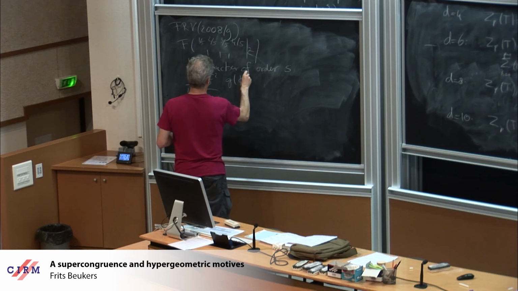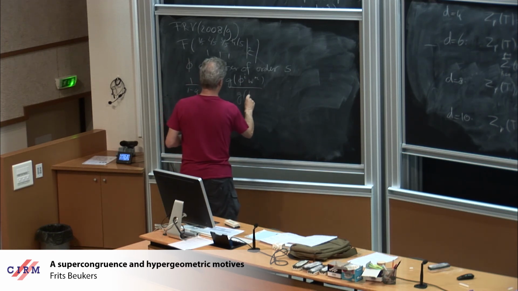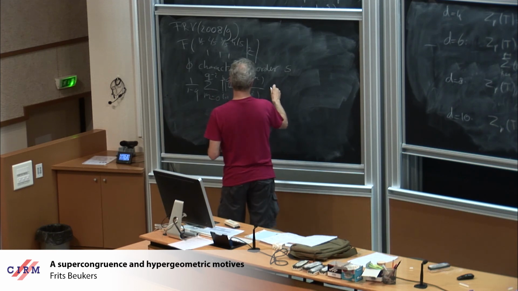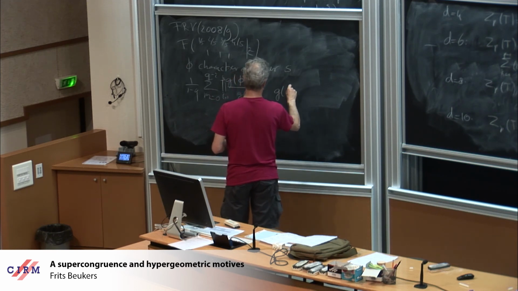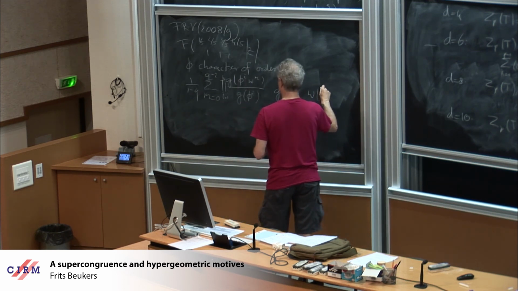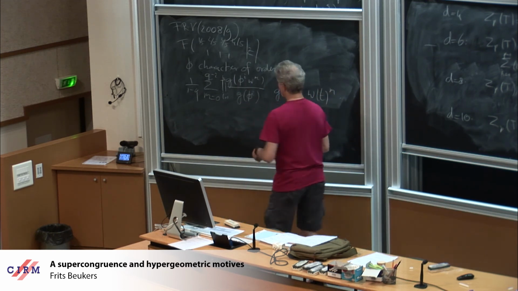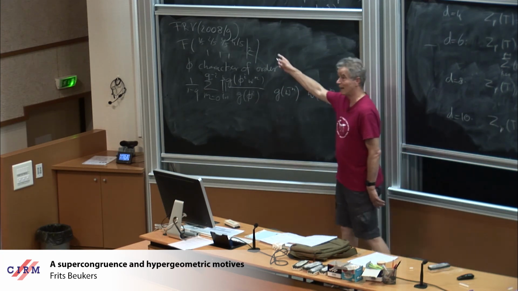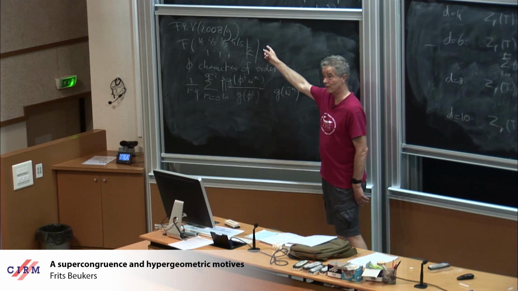Well, it's a parallel of what I introduced earlier on, A1 over 4, and then we have some g omega, and then we get omega t to the power m. So this is the finite hypergeometric analog of this hypergeometric function which you see over here.